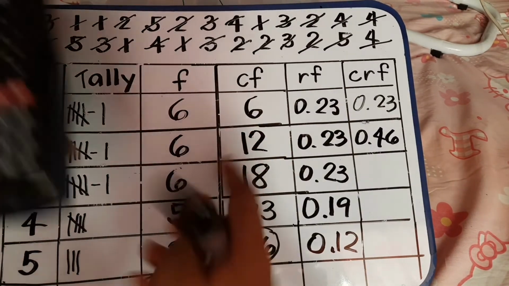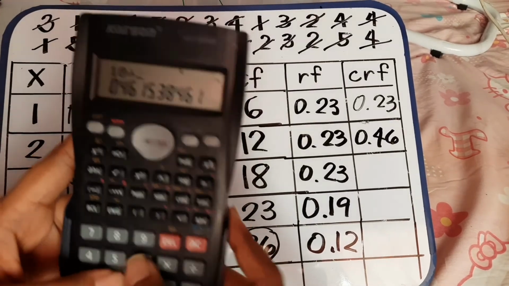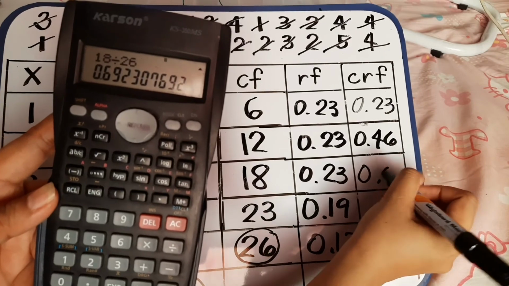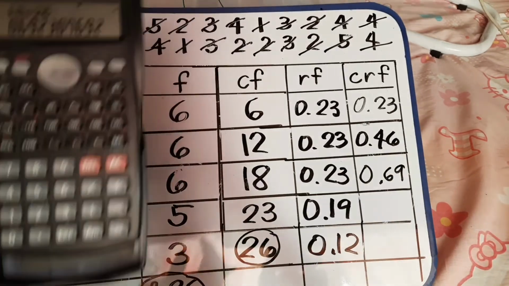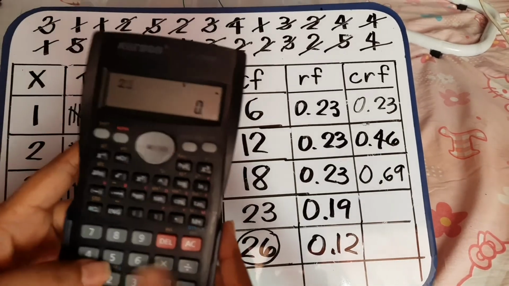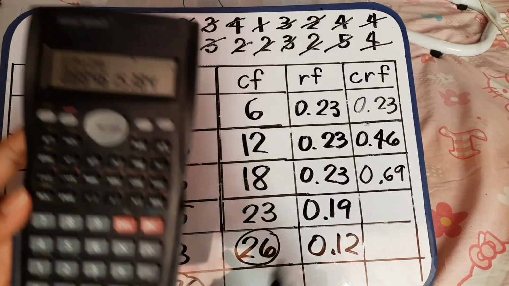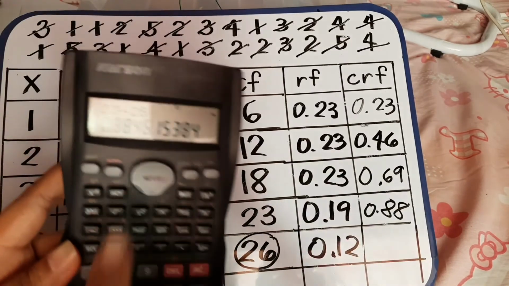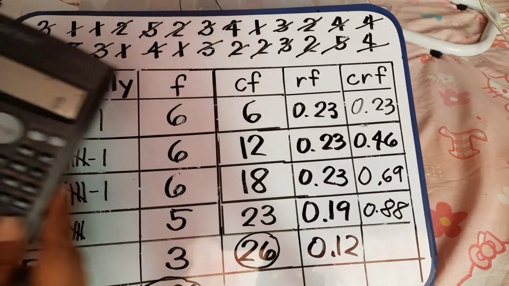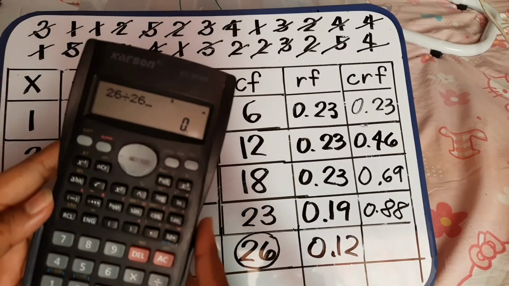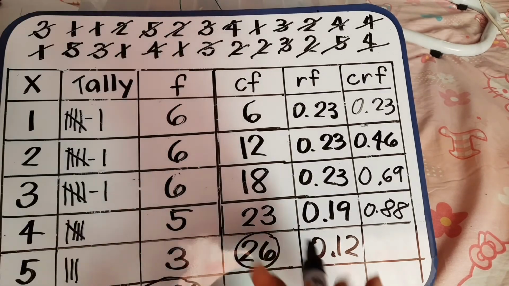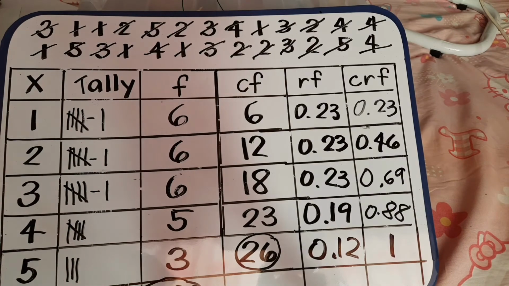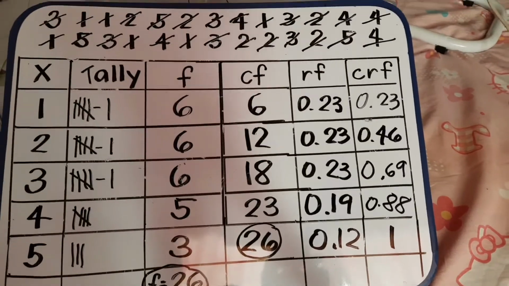Okay, and next, we have 18. 18 divided by 26, 0.69, and we have 23 divided by 26, 0.88. Okay, ayan, 0.88, diba? And then 26 divided by 26, oh, kinalkula pa, that is 1. Okay, so that is our frequency distribution.